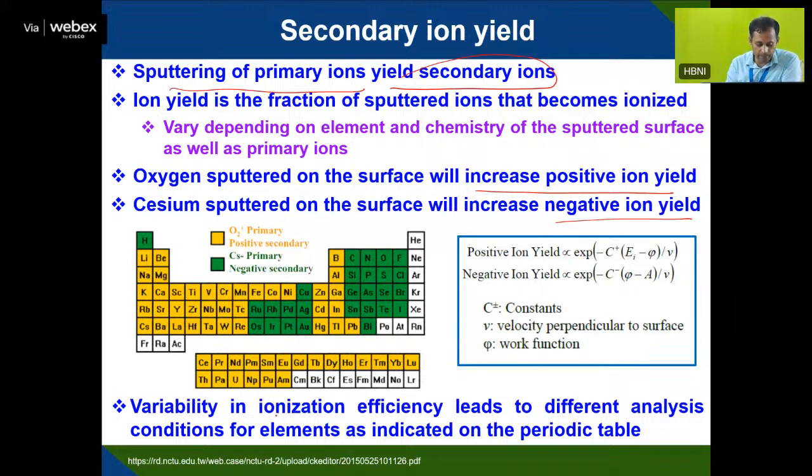So variability in ionization efficiency leads to different analysis conditions, as indicated on the periodic table. Depending on which type of element you are going to analyze, you can choose your primary beam and get the secondary ion yield.